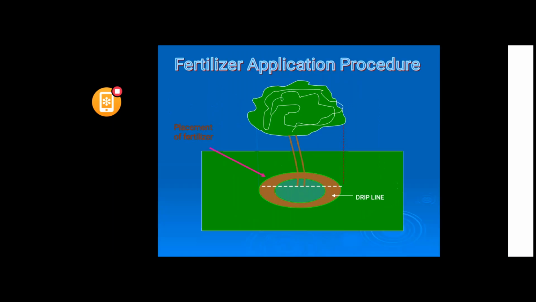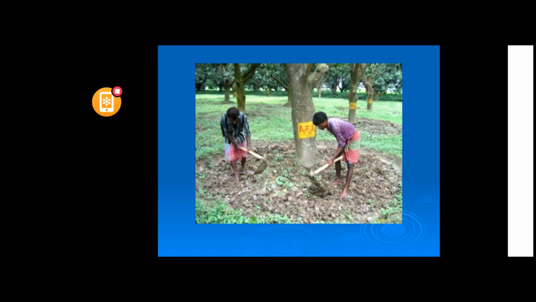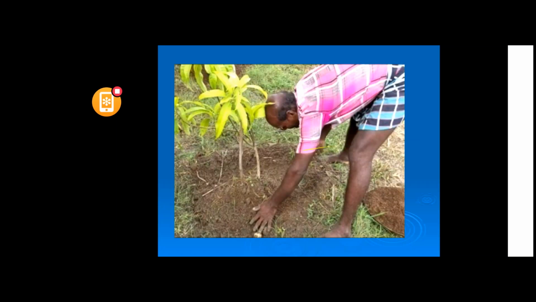Irrigation should be given here. Any other application like chlorpyrifos or any soil application or micronutrient can be given here. Fertilizer is applied and mixed into the soil like this, for small plants also.